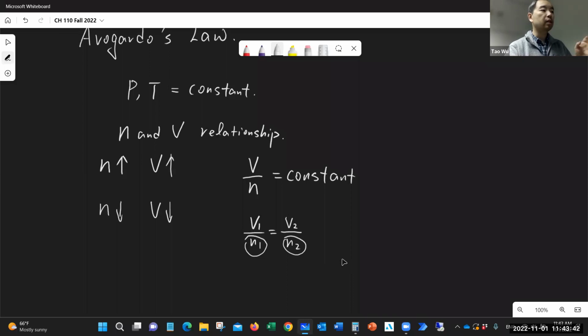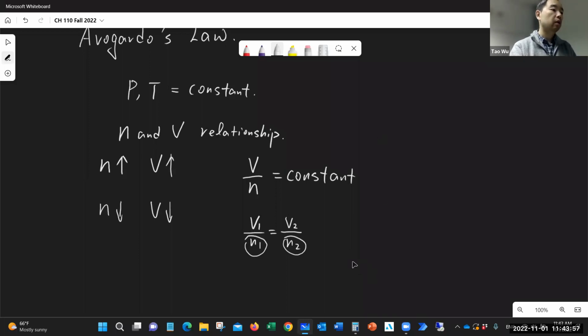There is another piece of knowledge associated with Avogadro's law. This is not a very important part, but the next concept related to this is more important.